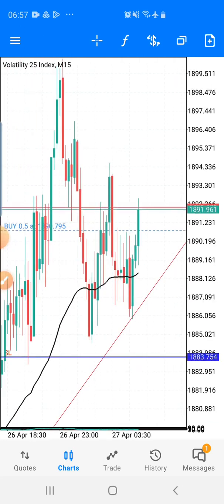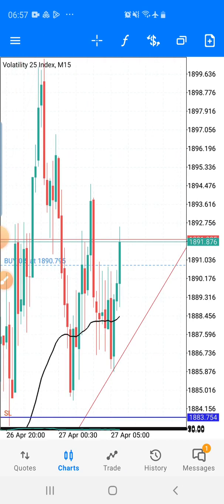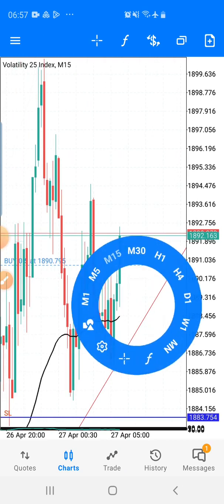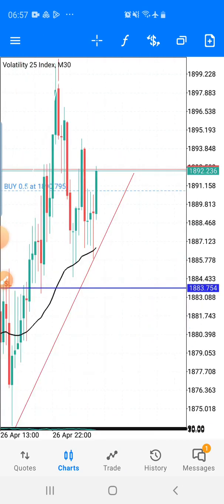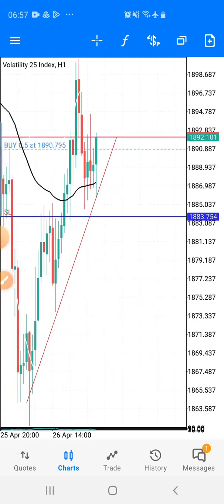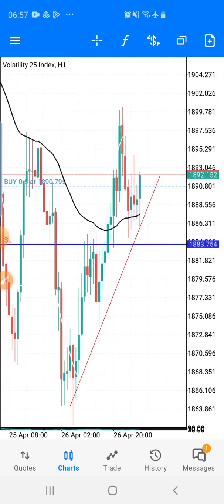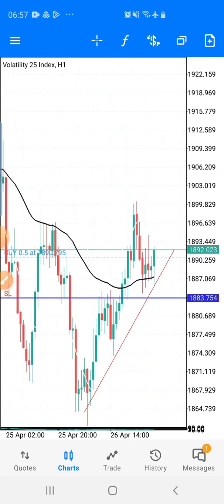We are not going to be using any indicator for this particular strategy, and this strategy is simple, easy, and profitable, guys. It's a pure price action strategy which I've been using for a while. I just decided to share this VIP strategy here so that you can actually start making money with something very simple and easy to picture whenever you're on your chart.